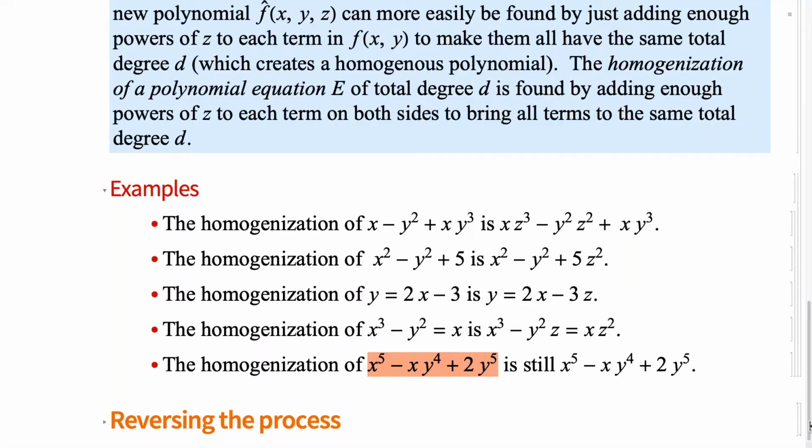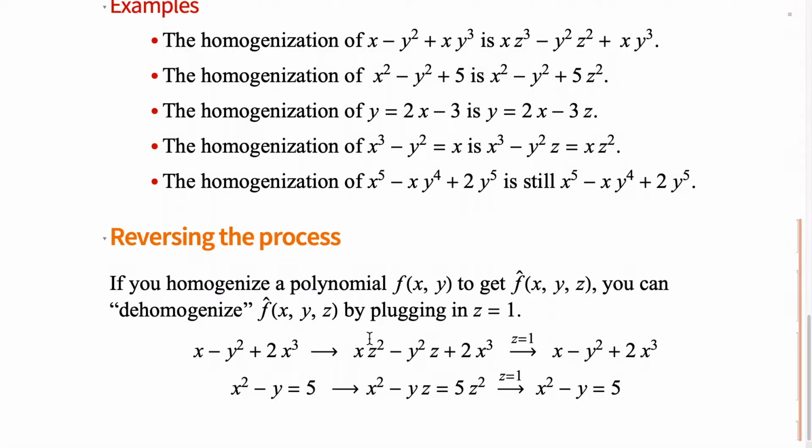It's also worth mentioning that this process can be reversed. In other words, if you start with a regular polynomial and then homogenize it, you can reverse the process by simply plugging in z equals 1. So as an example, if you start with x minus y squared plus 2x cubed, the total degree here is 3, so we're missing 2, missing 1, not missing any.